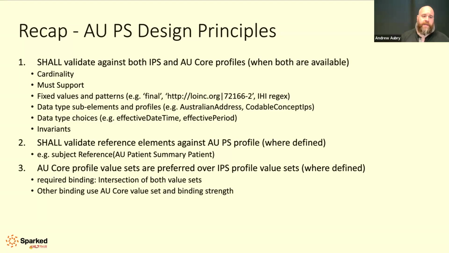That includes things like those upstream implementation guides, cardinality, must support, fixed patterns, data types, etc. It shall also validate against reference elements against the AU patient summary profile. And finally, AU core profile value sets are preferred over IPS value sets when defined. Required bindings are intersections of both value sets. Other bindings will use the AU core value set and binding strength.